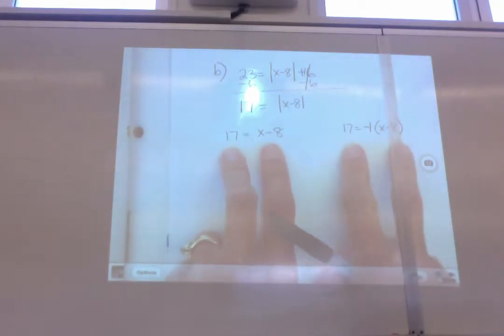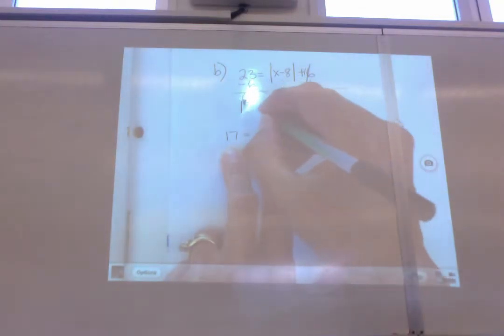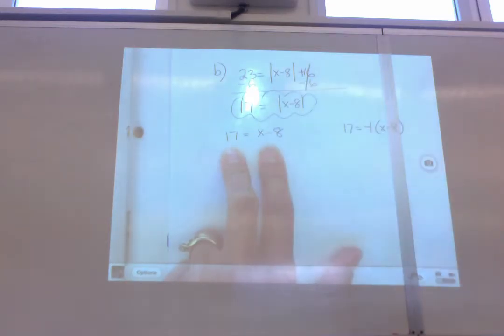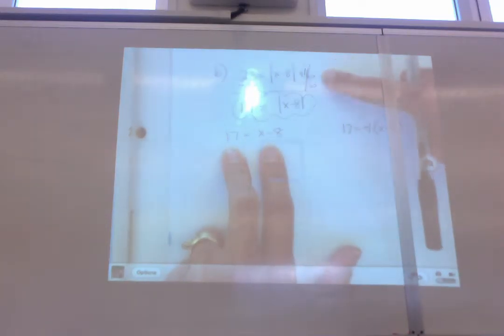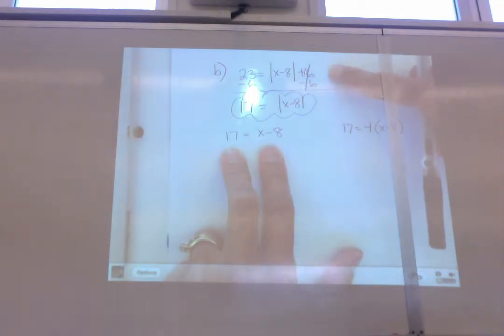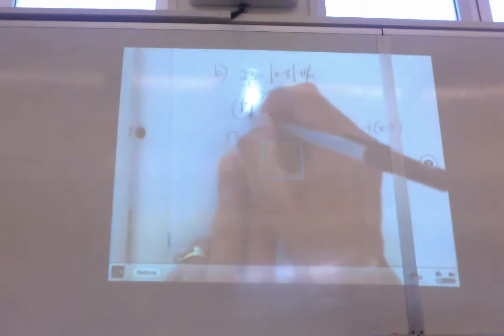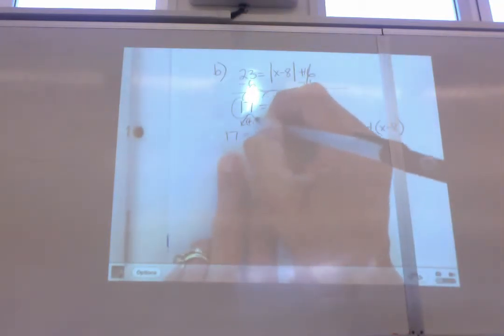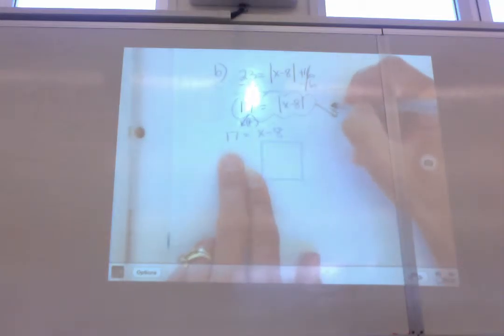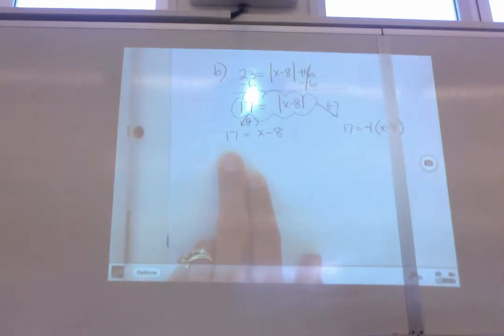Notice we did not split into 2 problems until the absolute value was by itself. So we had a little math to do up here beforehand before we could say, here's the plus version, here's the negative version. Oh, so much fun, yes?